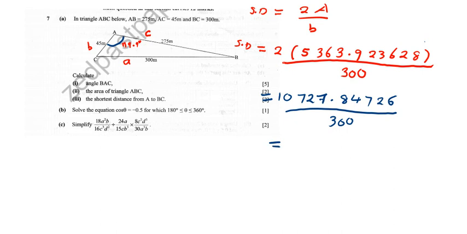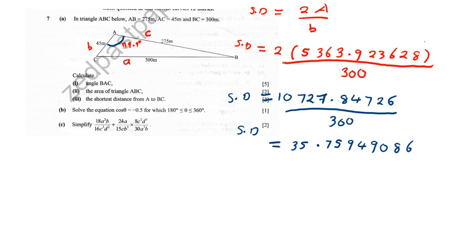So SD is equal to 10,727.84726 divided by 300. So when we divide, we are getting 35.759086. So that's our SD.